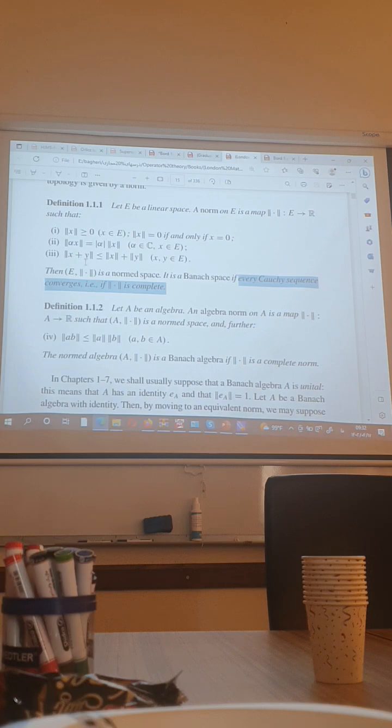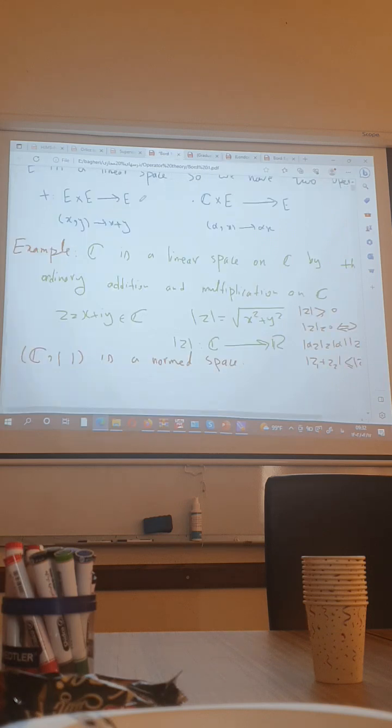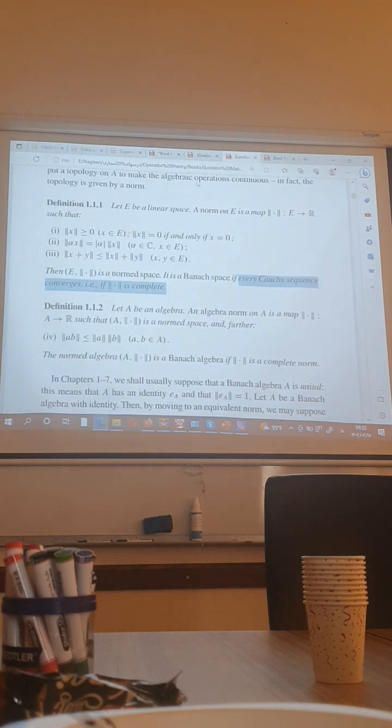What is x plus y? x plus y is an element of E again, okay? So if you want a norm, at first you must have a linear space. x plus y must belong to E. Alpha x must belong to E. Then you must have these three properties, okay?